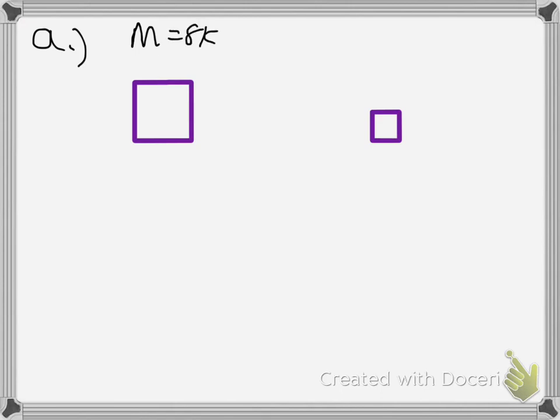Okay, so this is just going to be free body diagrams. Hope you don't mind if they're different colors than they were in the previous page. This is for M, which is the 8 kilogram, and this is little m, which is the 4 kilogram.